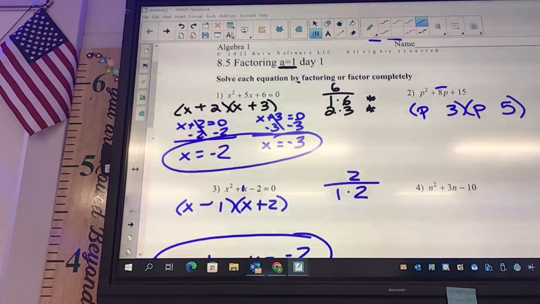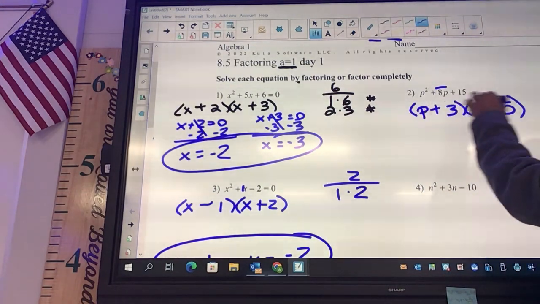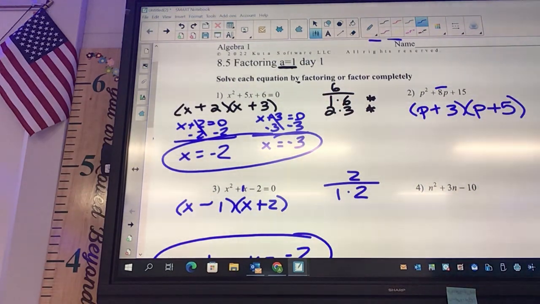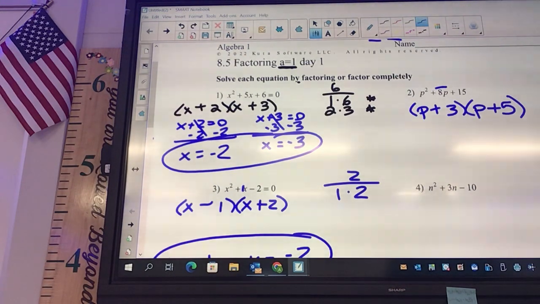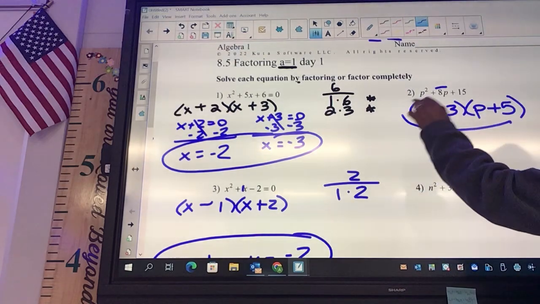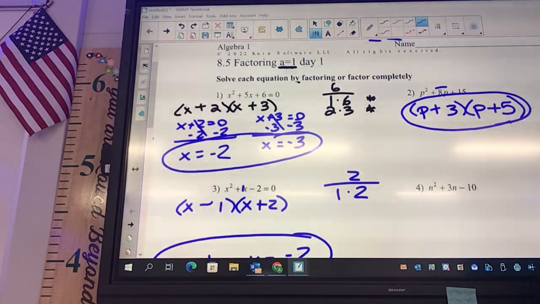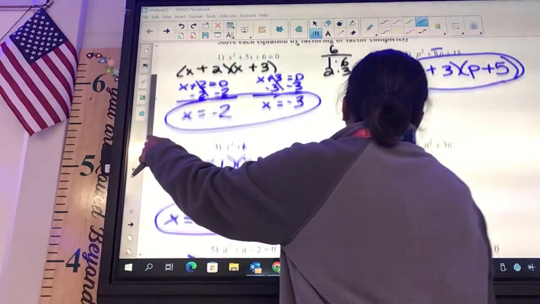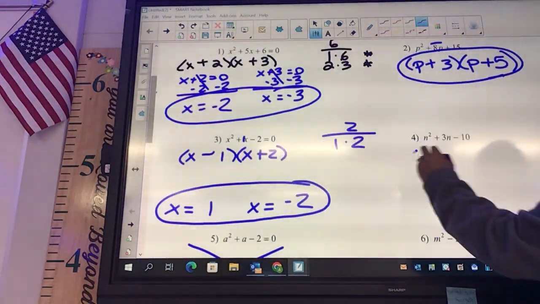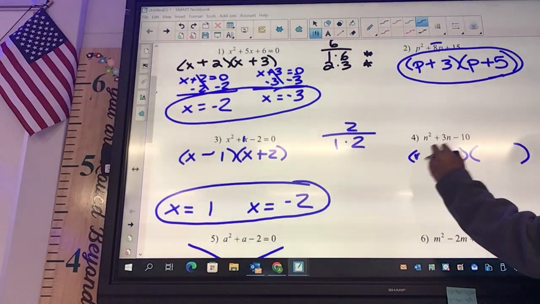So what signs am I going to put? Plus, plus. Do we stop or keep going? We stop. Okay, 4, you're going to draw your 2 parentheses, and we're going to fill in N and N.